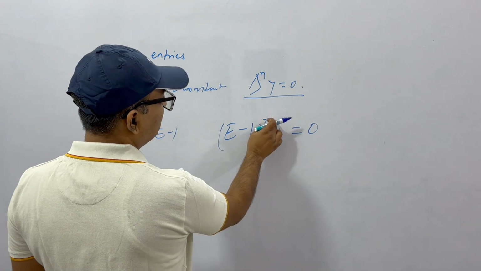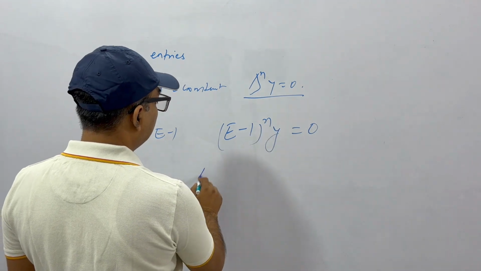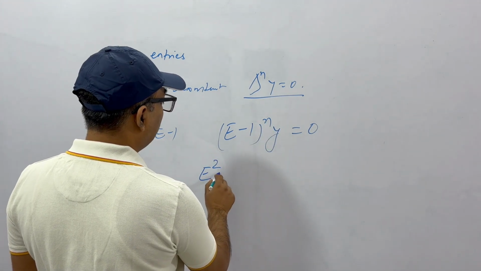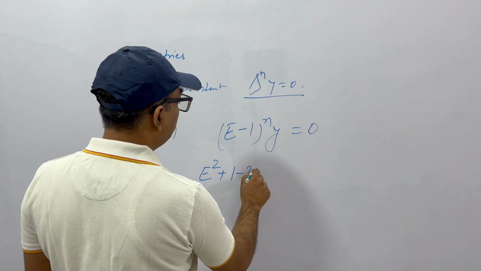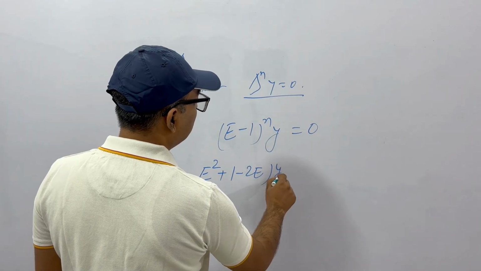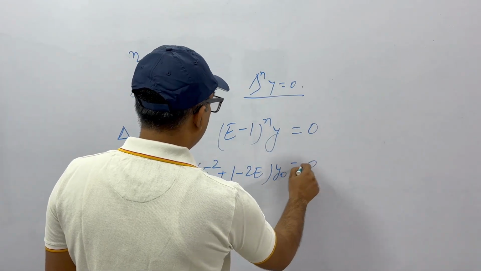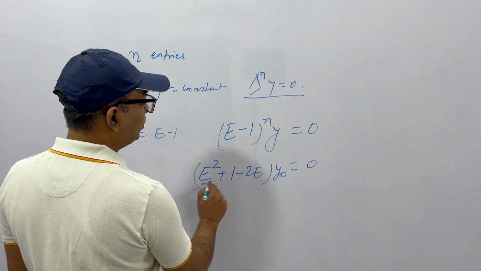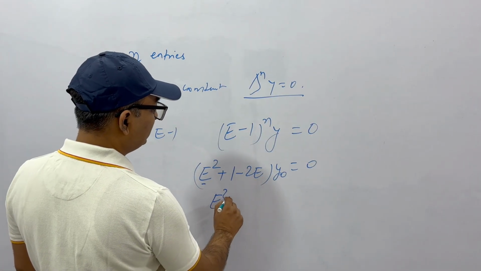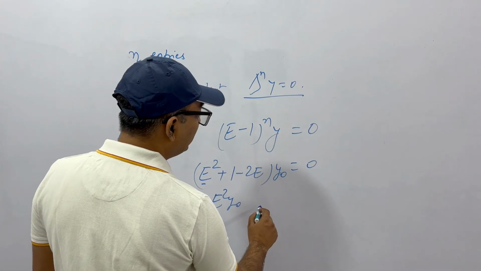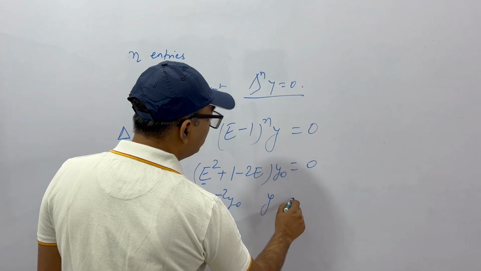Now if this is 2, if this is 3, we can expand. If this is 2, this will be E square plus 1 minus 2E of, let's say, y0 is equal to 0. So this will be E square of y0. What is E square of y0? We know this will be subscript 0 plus 2h.